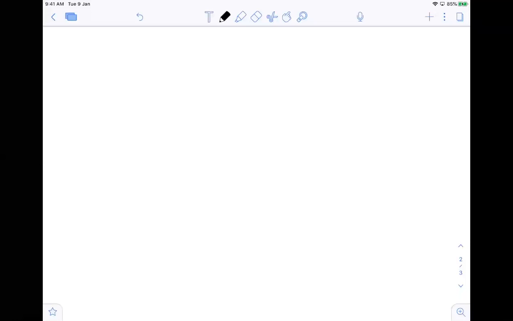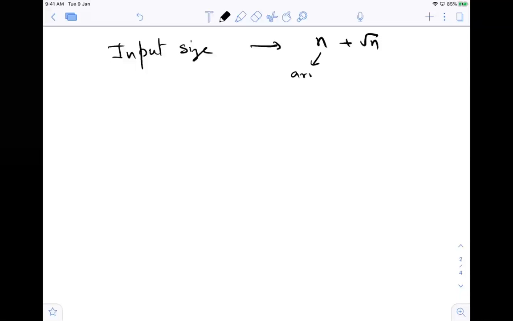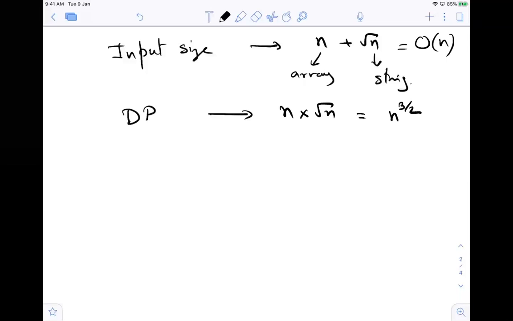But the time complexity, because of the dynamic programming, will be n times square root n, which is n to the power 3 by 2, because you have to create the whole matrix. But the input is n strings, right?